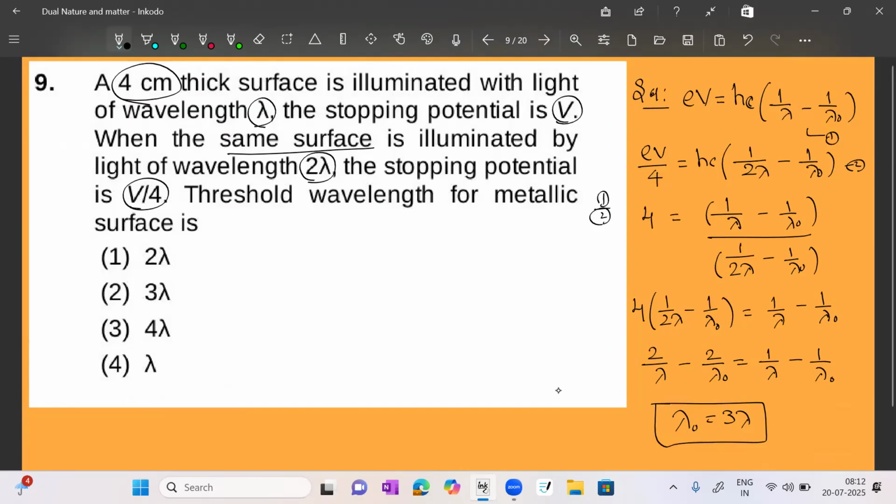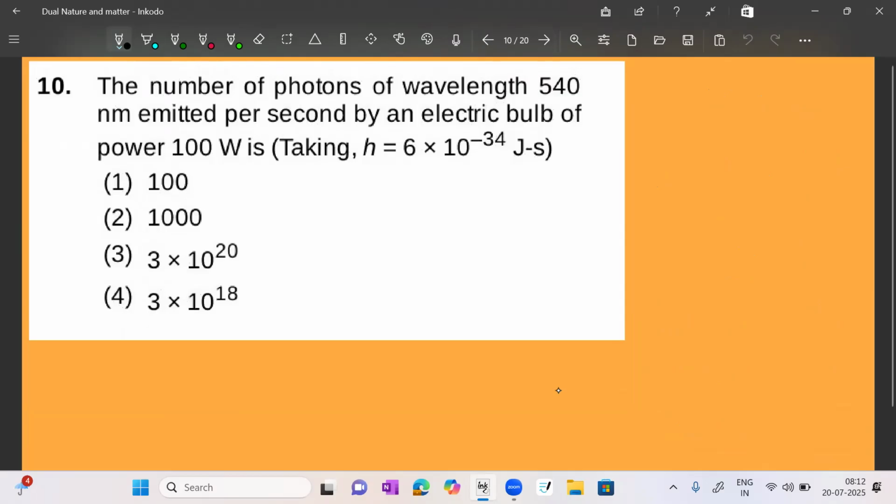Okay. Option 2 is the correct answer. Next, the 10th one is the number of photons emitted of wavelength 5400, and a bulb of 100 watt is there.